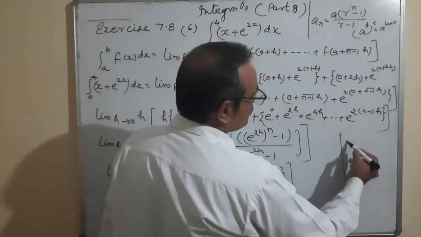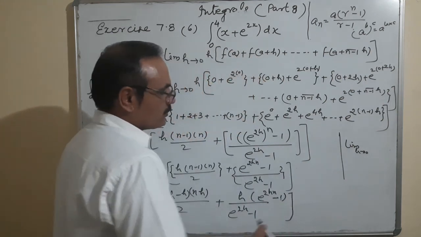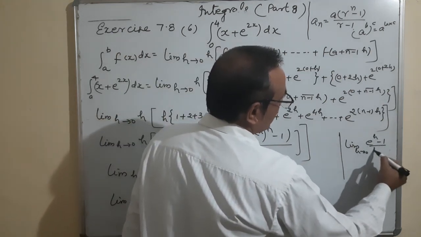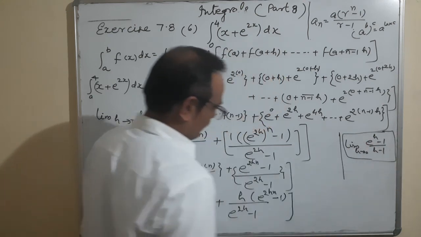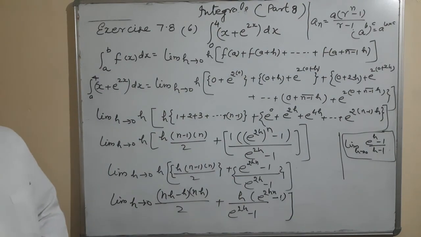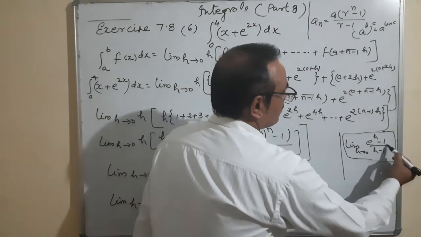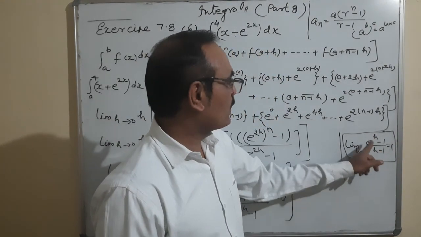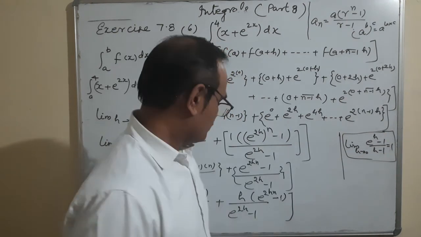Limit h tends to 0, e to the power h minus 1 upon h. Do you know the value of this term? Limit h tends to 0, e to the power h minus 1 upon h is equal to 1. In place of h, if there is 2h, then what happens? e to the power 2h minus 1 upon 2h, the value is 1.